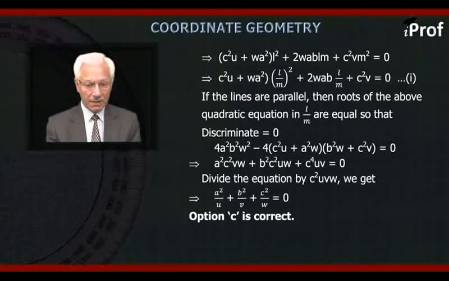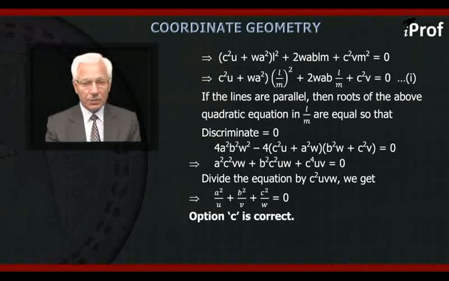If the lines are parallel, then the roots of the above quadratic equation in l/m are equal, so that its discriminant should be equal to 0. Equating the discriminant to 0, we get 4a²b²w² − 4(c²u + a²w)(b²w + c²v) = 0, which gives us a²c²vw + b²c²uw + c⁴uv = 0.